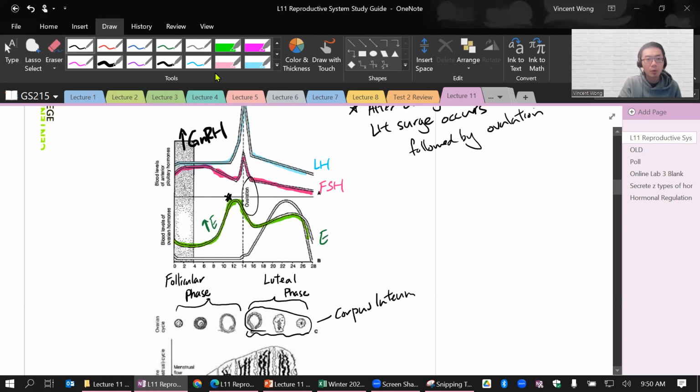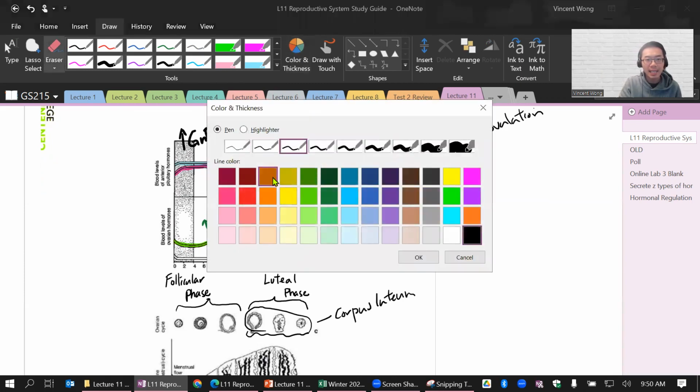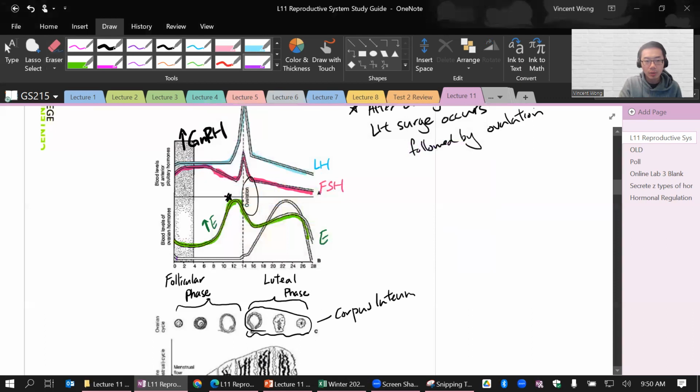With the formation of the corpus luteum, now we have a second hormone that is going to increase. I'm sure you know this one is the progesterone, right? Progesterone was virtually not there at the beginning because the corpus luteum hasn't formed yet.